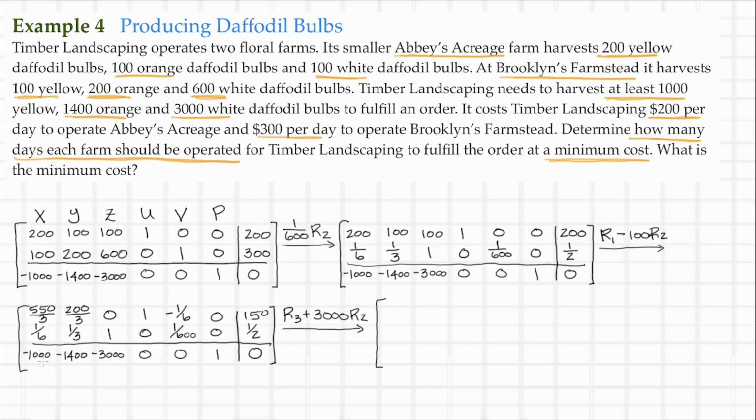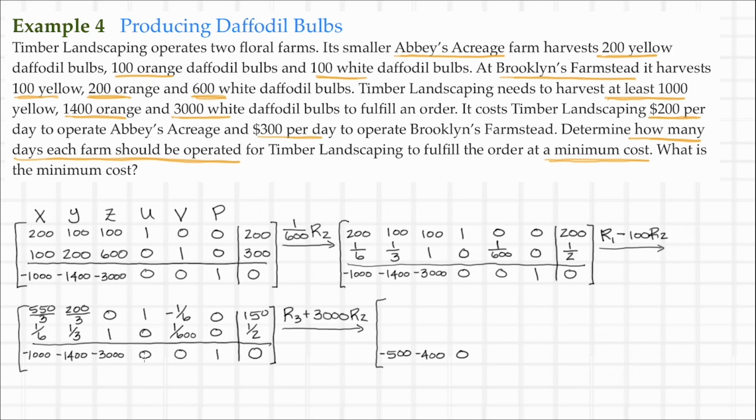And negative 1,000 plus 500, negative 500. 1/3 times 3,000, that's 1,000. Negative 1,400 plus 1,000, that's negative 400. 1 times 3,000 is 3,000. Negative 3,000 plus 3,000, that's 0.